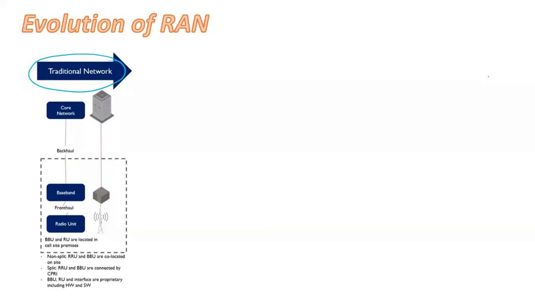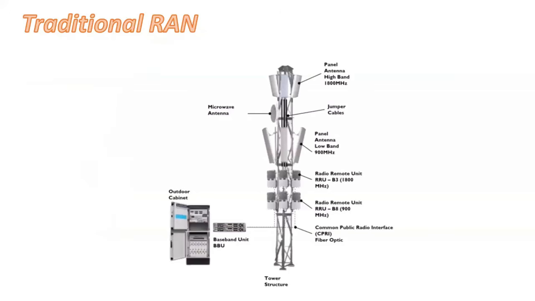The baseband and the RRU are located in the cell site premises, and it has various versions, like non-split, right? In non-split, RRU and BBU are co-located on the site. Then you have the split version, where RRU and BBU are connected by CPRI, and the BBU-RU interface is proprietary, right? Same as here, baseband units and radio units are located inside the premises of the cell site. And this is the non-split scenario, right?